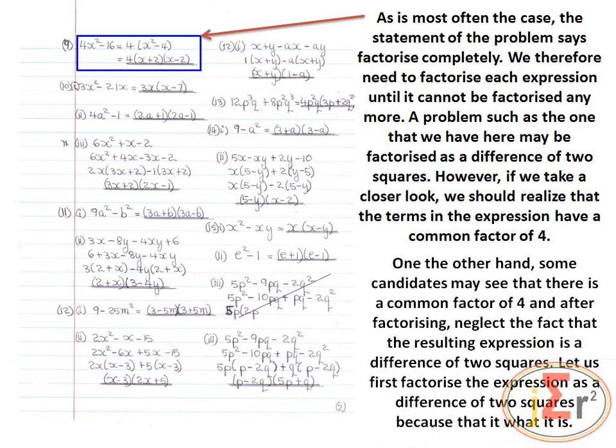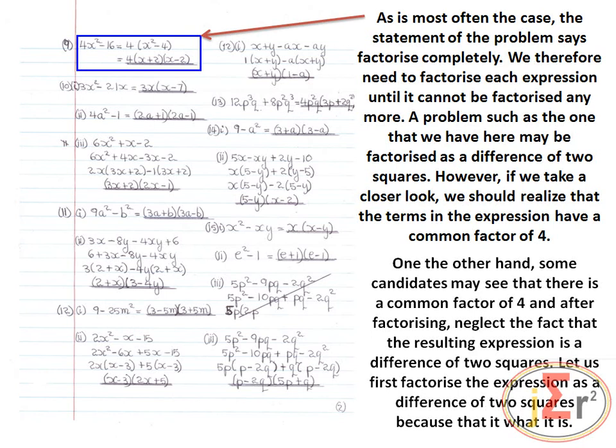On the other hand, some candidates may see that there is a common factor of 4, and after factorizing, neglect the fact that the resulting expression is a difference of two squares. Let us first factorize the expression as a difference of two squares, because that is what it is.